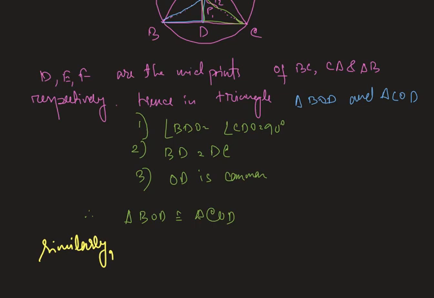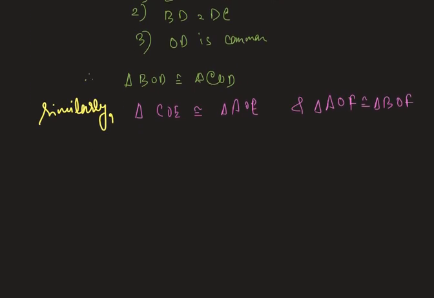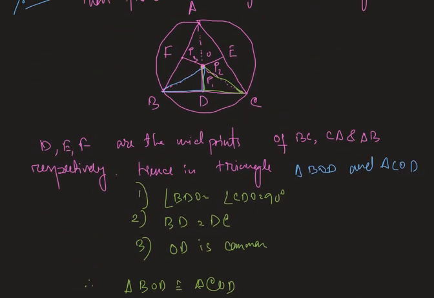Similarly, we can say that triangle COE is congruent to triangle AOE, and triangle AOF is congruent to triangle BOF. Therefore, this implies angle BOD is equal to angle COD is equal to theta, say. These two angles are equal, and we name it theta.